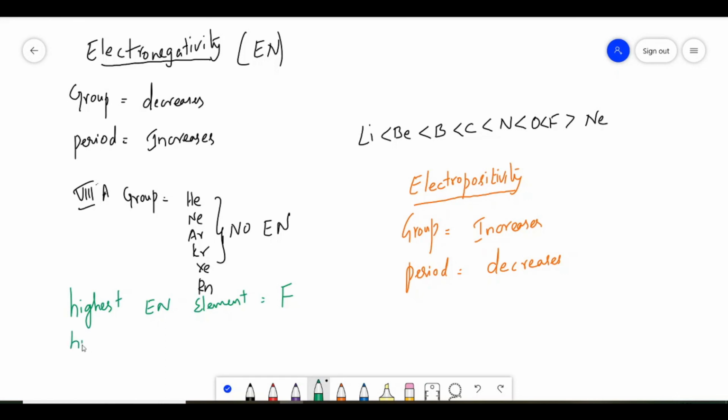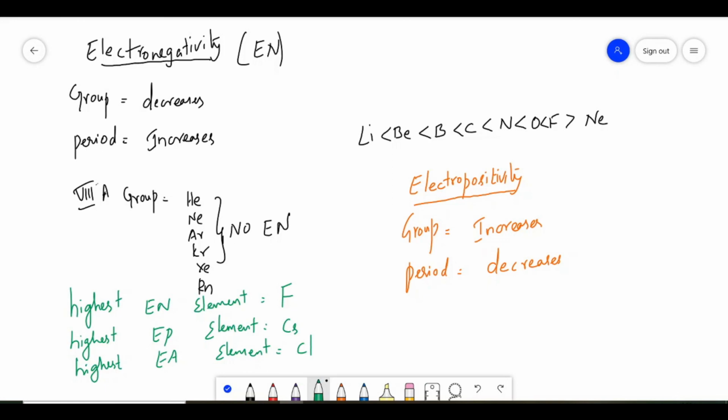And if the question asks for the highest electropositive element, then the answer is cesium. And if the question asks for the highest electron affinity element in the complete periodic table, then the answer is chlorine. So these are all the highest values of electronegativity, electropositivity, and electron affinity.